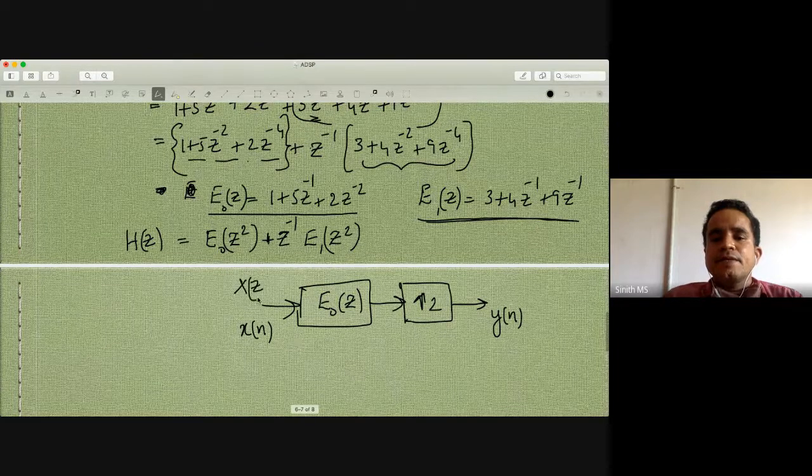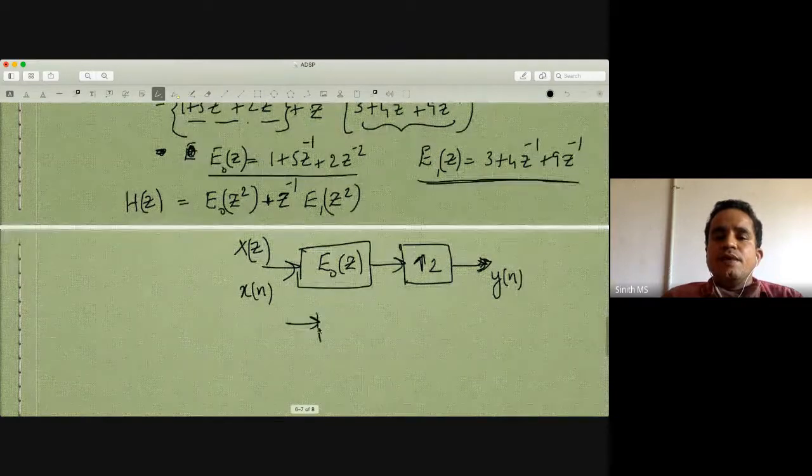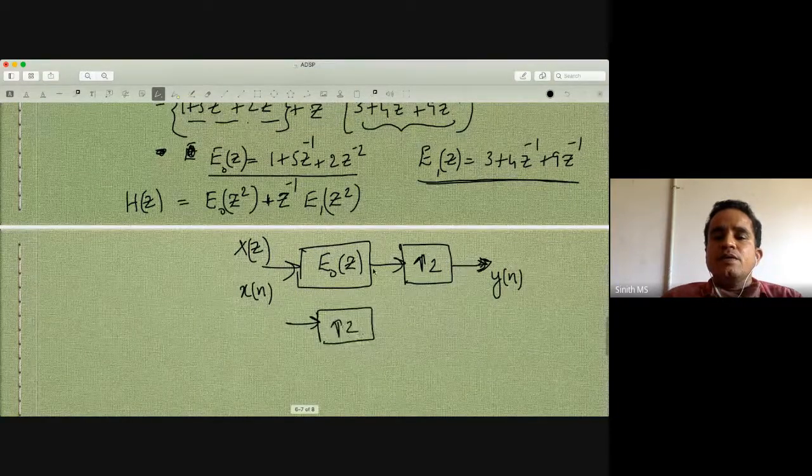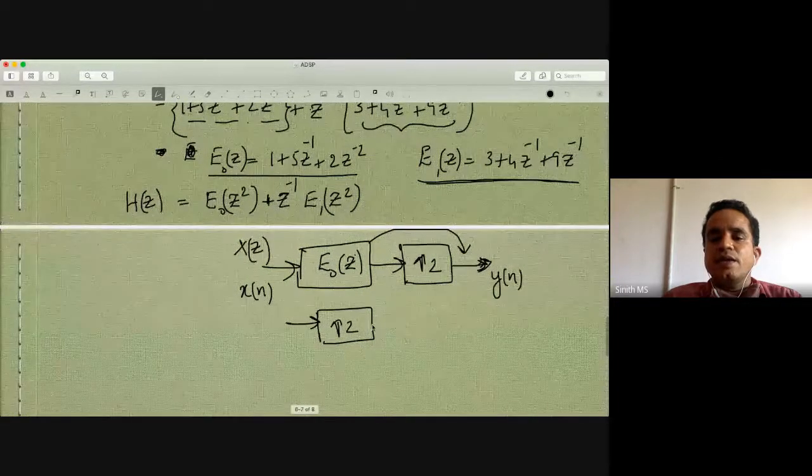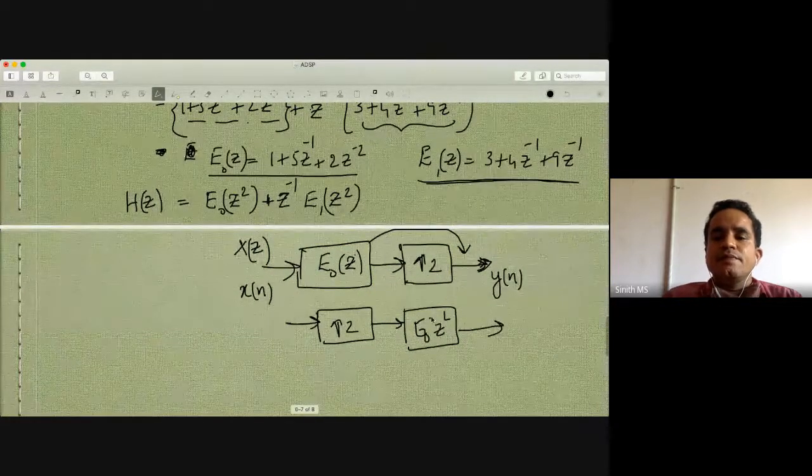This is X(z) E0(z). This can be replaced as an upsampler, because if you take it to this side, z is replaced by z raised to L. So you can put it as E0(z raised to L). In this case, L is 2, so this is E0(z square).